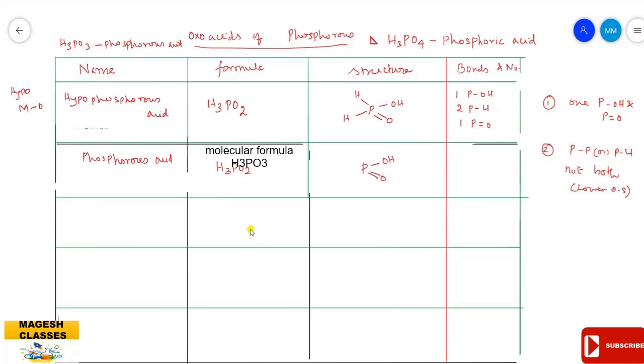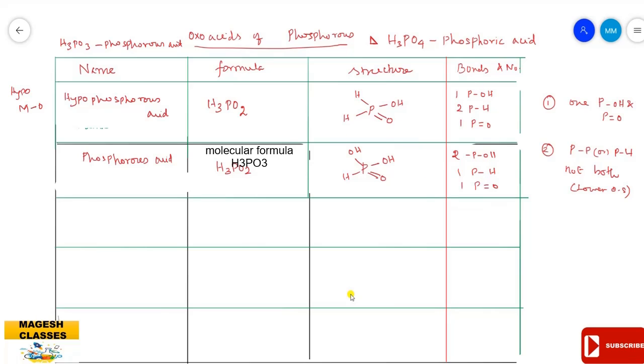Here 2 OH groups are present, P-OH, and 1 hydrogen. Here you can write the characteristic bonds now: 2 P-OH bonds, 1 P-H bond and 1 P=O bond. So these characteristic bonds and numbers will be asked in the 1 mark questions. So you have to remember that.